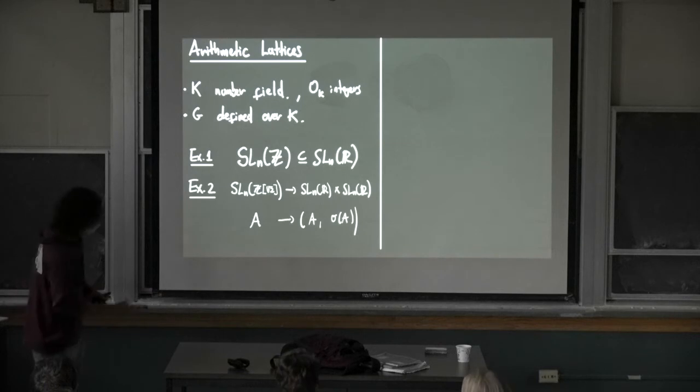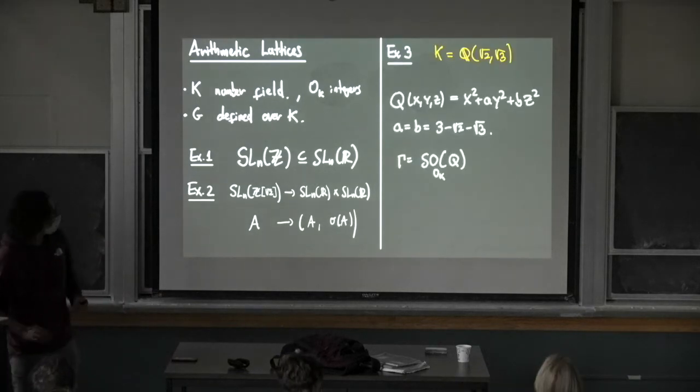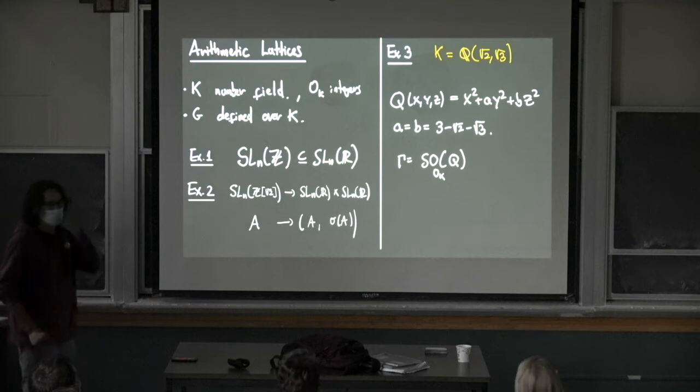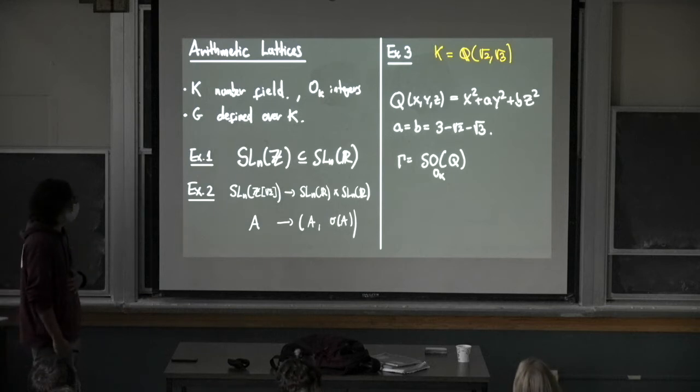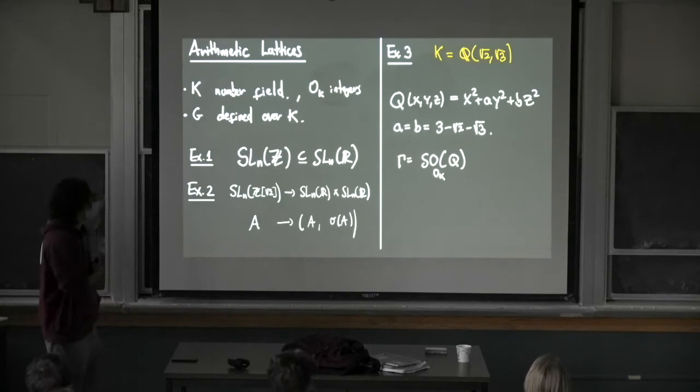The third example, I feel a bit masochistic putting this example, but it's quite important for us. The field is Q adjoined square root of 2 and square root of 3, and then I look at this quadratic form x squared plus a y squared plus b z squared, where a, b are these numbers.